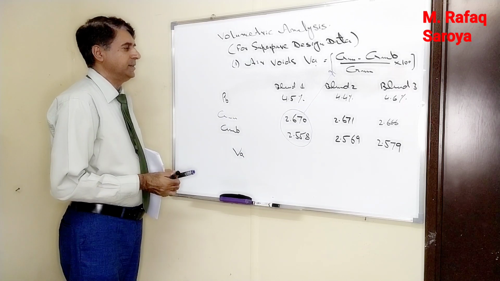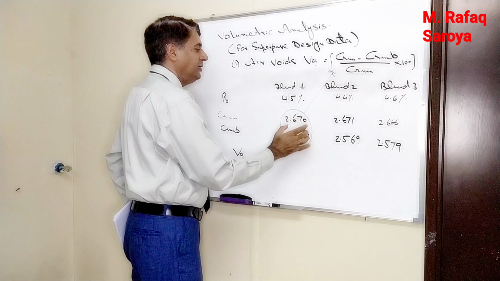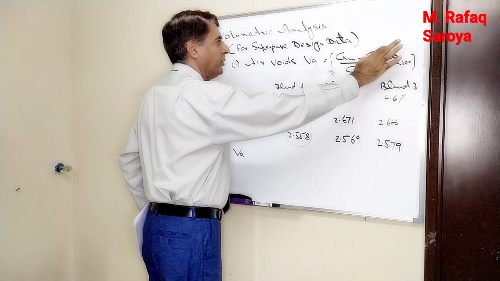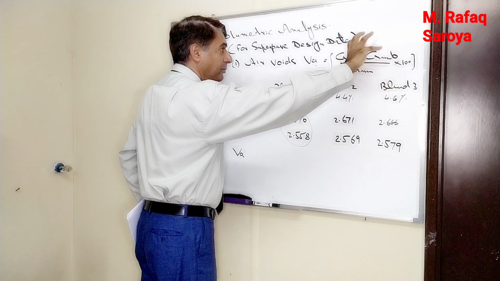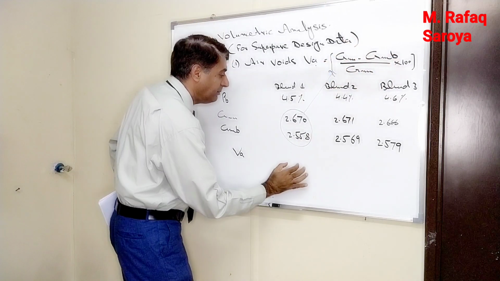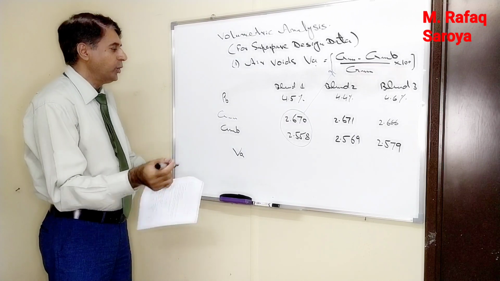Let me tell you again. This is the value of GMM, it would be written over here. This is the value of GMB, it would be written over here. Then GMM would be written over here, multiplied by 100. Whatever value comes, it will be put in this table. And that value comes out to be 4.2%.